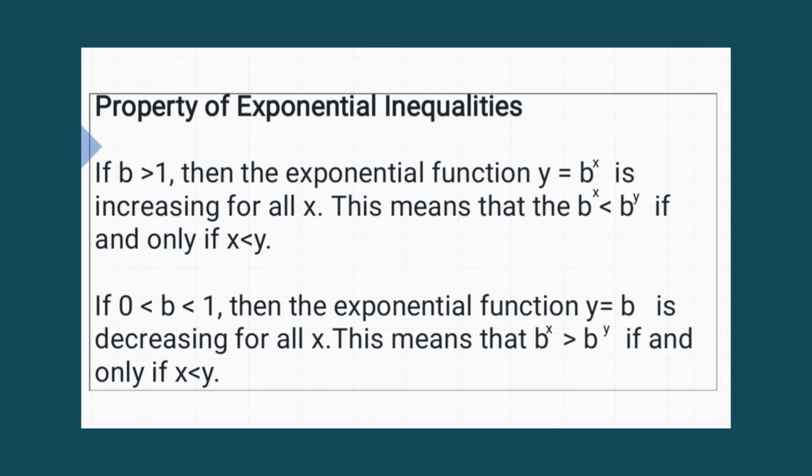If your base is greater than 0 and less than 1, then the exponential function y is equal to b raised to x is decreasing for all values of x. This means that b raised to x is greater than b raised to y if and only if x is less than y.